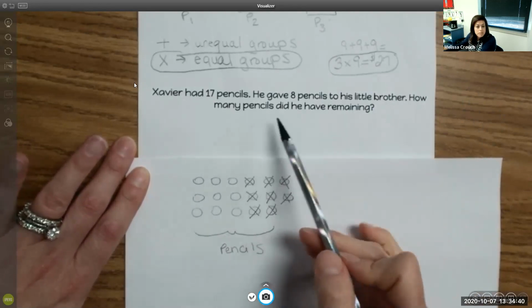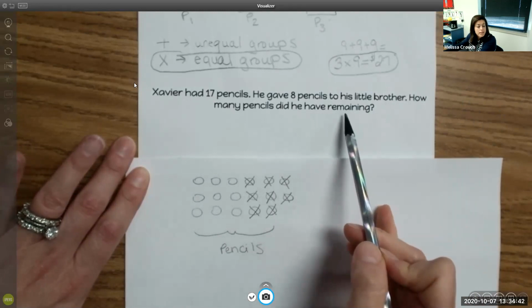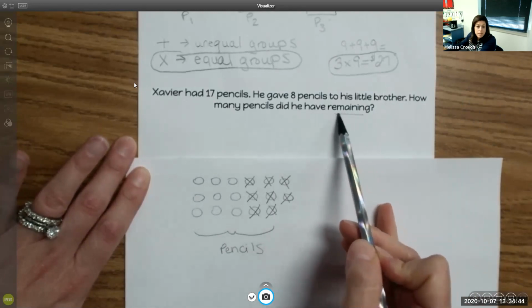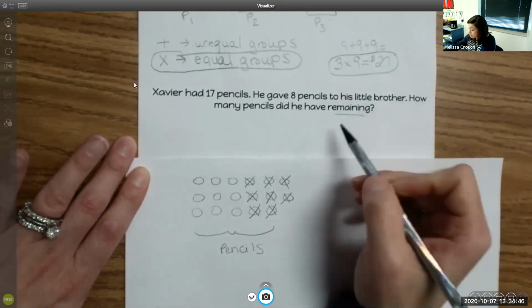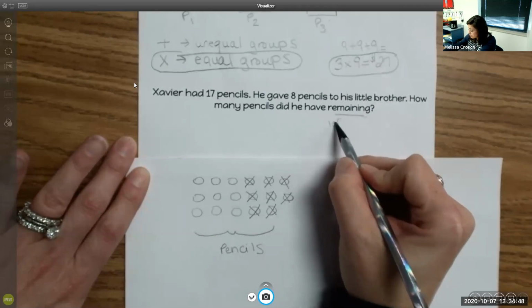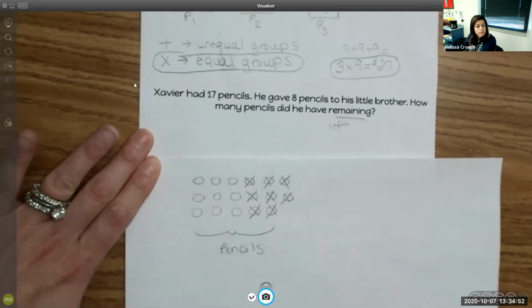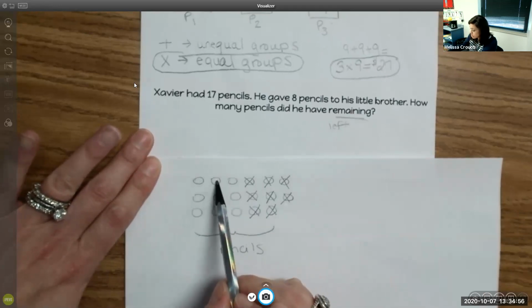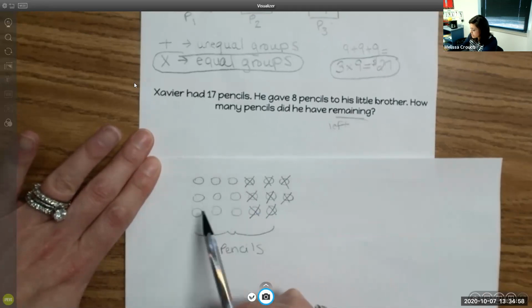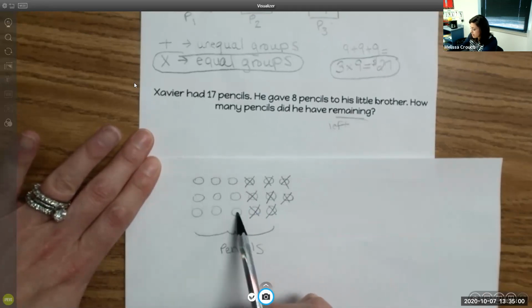How many pencils did he have remaining? Remaining is a big word. It means left. Well, all of these are what I have left. How many do I have left? Count. 1, 2, 3, 4, 5, 6, 7, 8, 9.